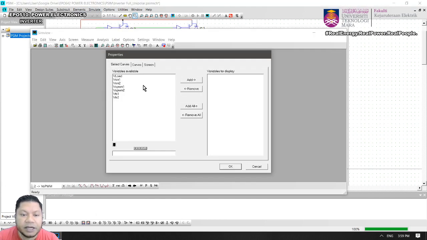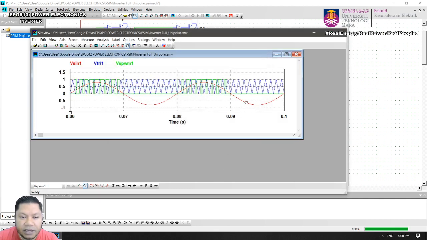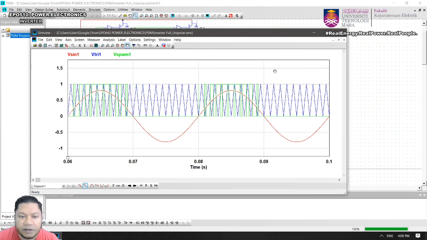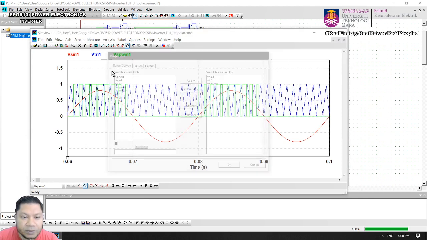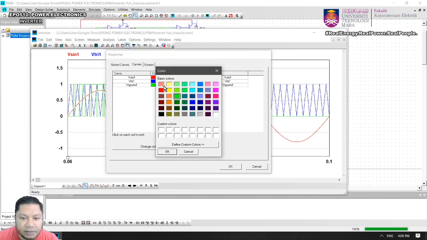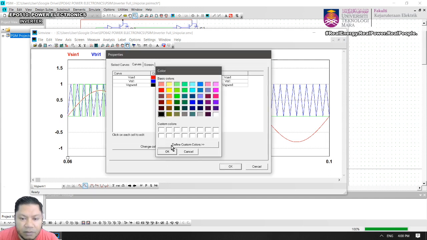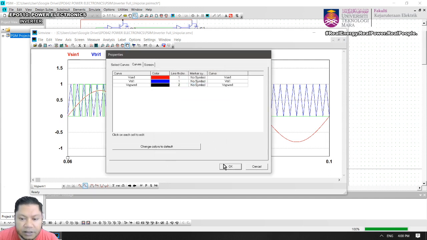This is what you're going to obtain. Let's look at the sinusoidal modulating signal compared to the triangular carrier signal, and then you have the SPWM1. Have a look, and there you are. I can highlight it, change that to black and make it clearer.